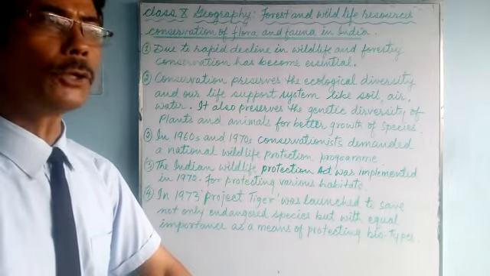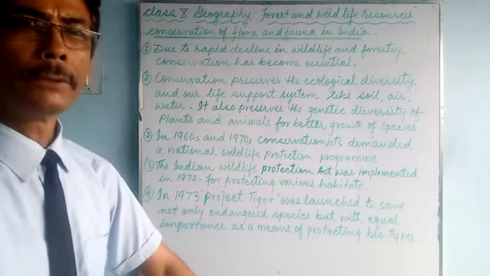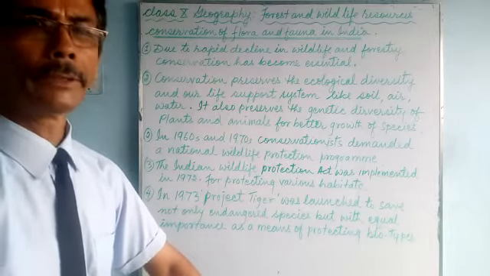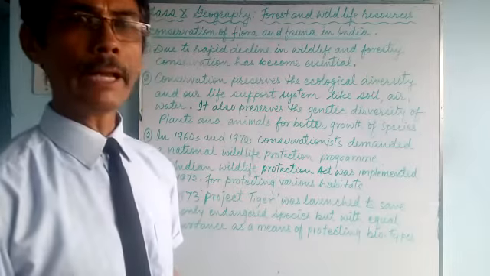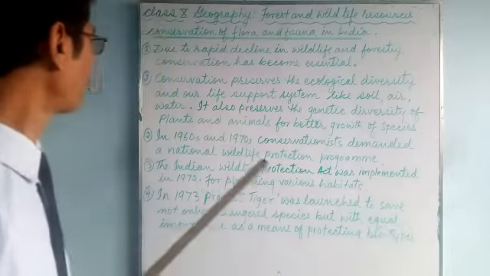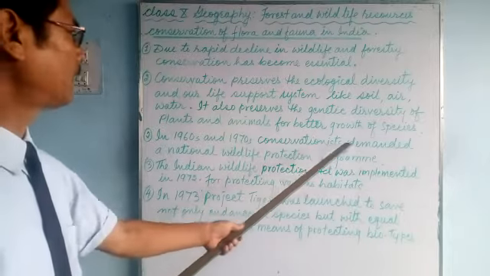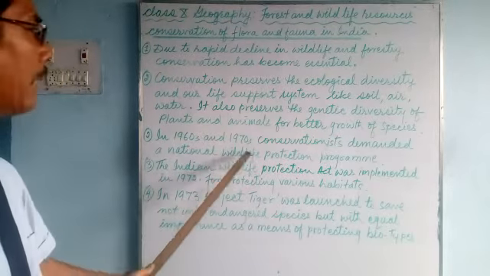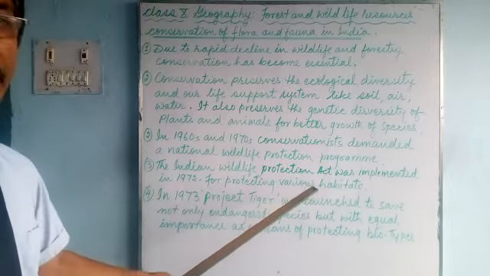Animals supply manure and carbon dioxide, plants provide fodder and food for them. So there was an ecosystem there. A forest without animals will not survive. So the national wildlife protection program had to be formulated.